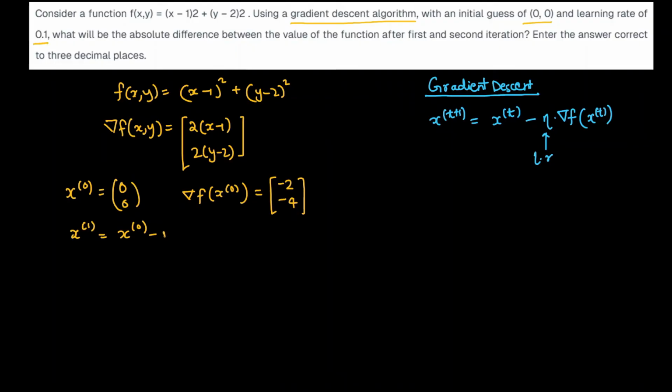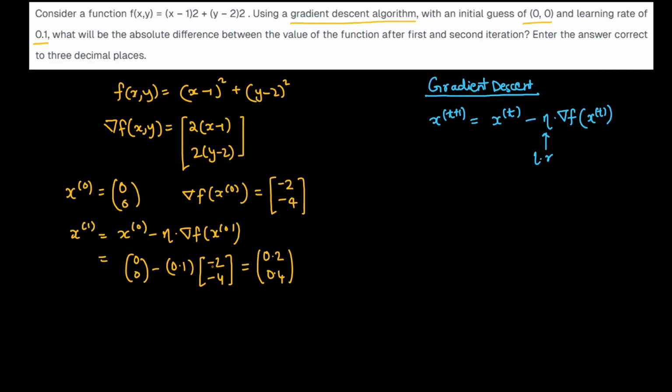So this is minus 0.1 times the gradient of f evaluated at x0, which is (minus 2, minus 4). So the point is nothing but (0.2, 0.4).